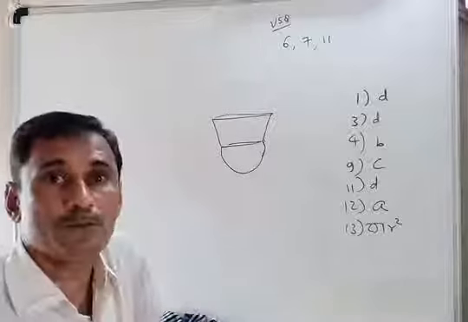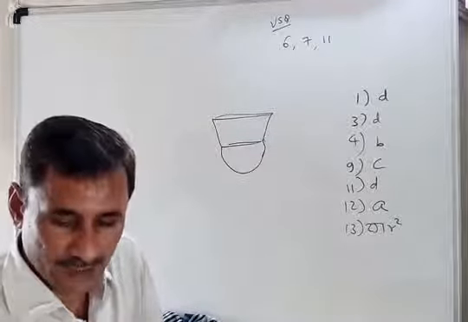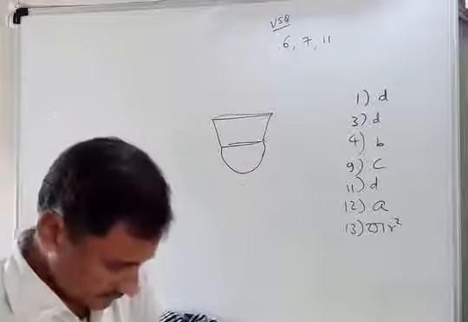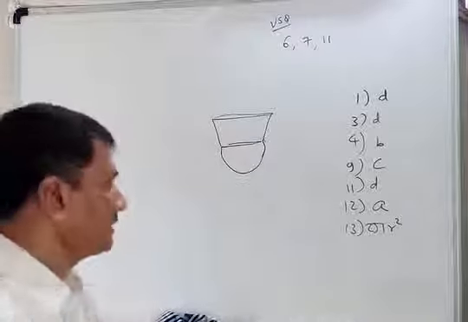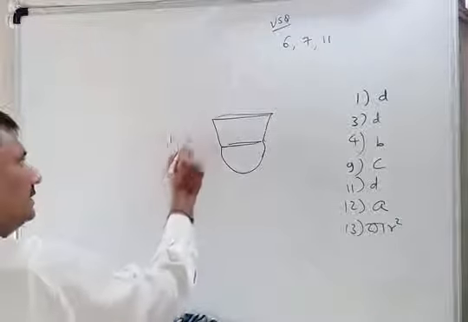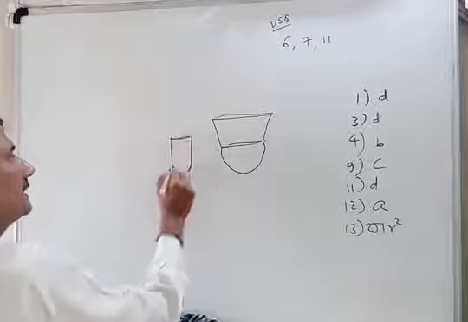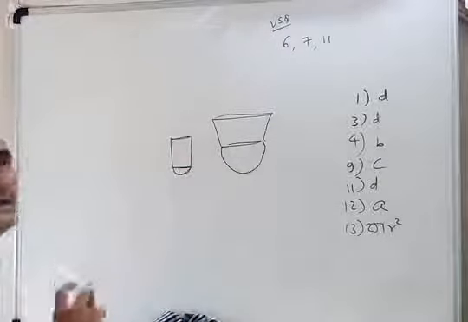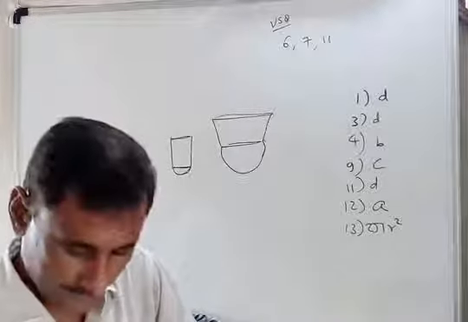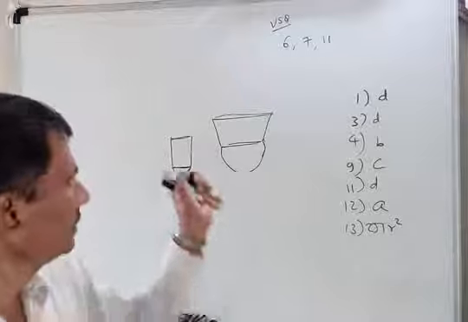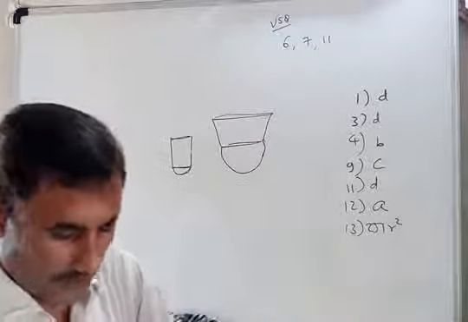Pipe. Cylinder. Playing dice, cube. Playing dice is cube. Test tube. Test tube is cylinder as well as hemisphere, just like that. So here cylinder plus hemisphere. Okay. So shape of all these are given.